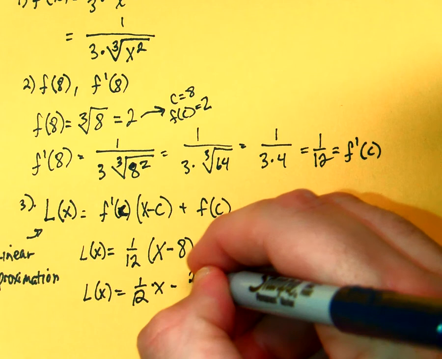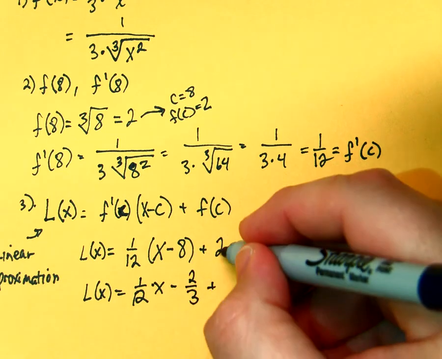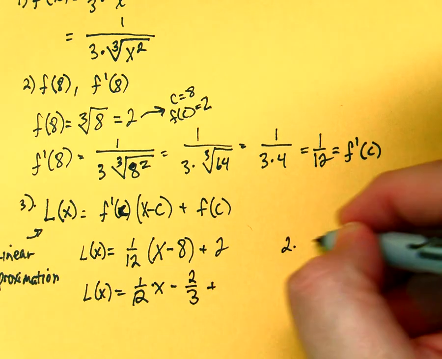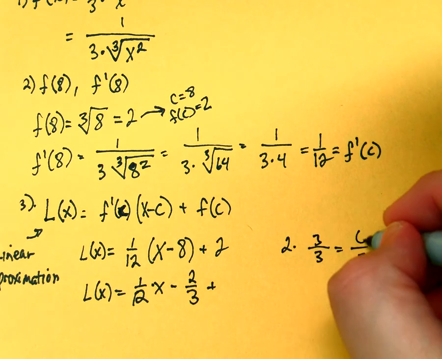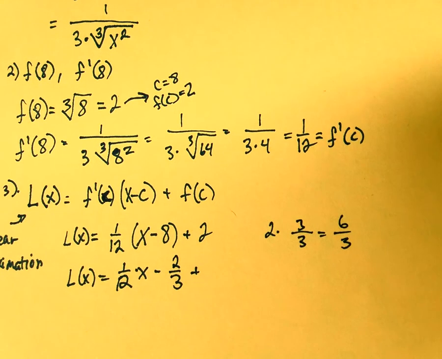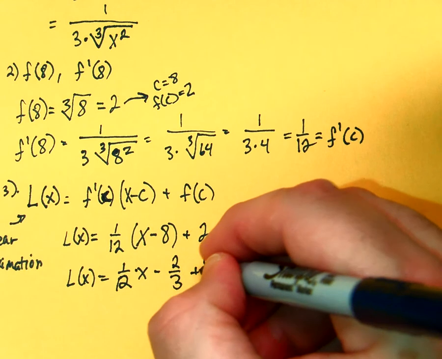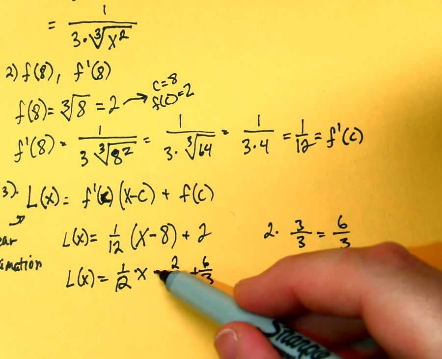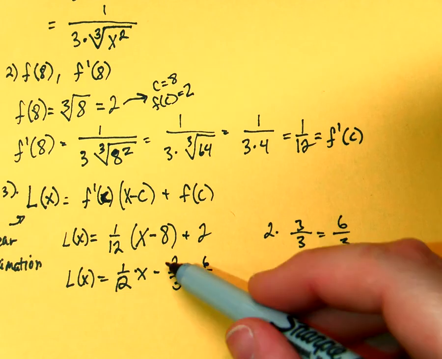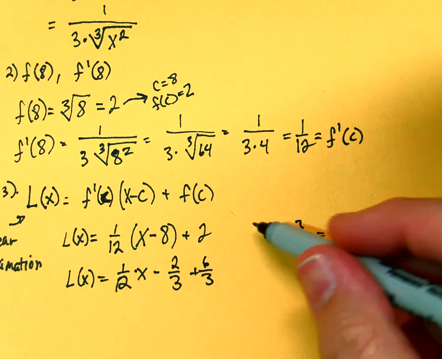Plus, what's 2? That's 6/3, isn't it? Since we're stuck with thirds, because I'm going to have 2/3 plus negative 2/3 plus 2. But if I change it all into fractions, I can just add the fractions really quickly.